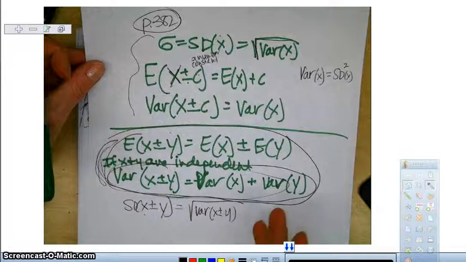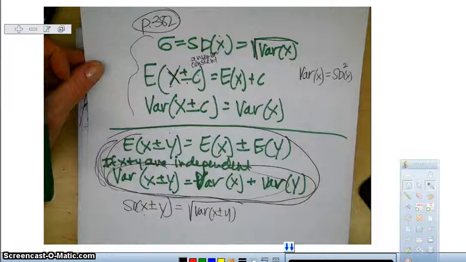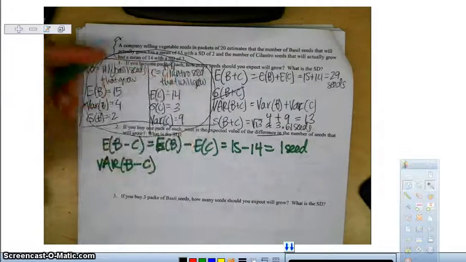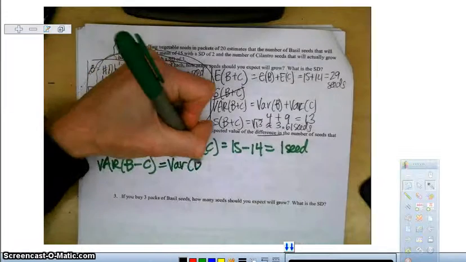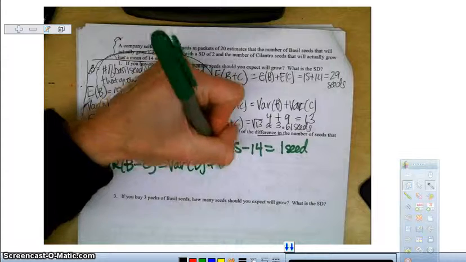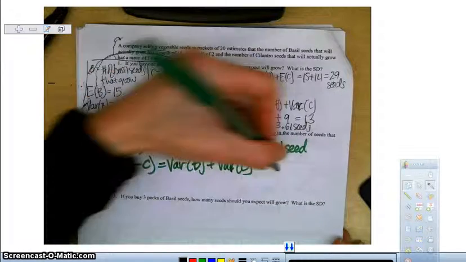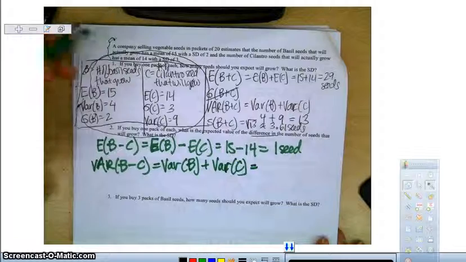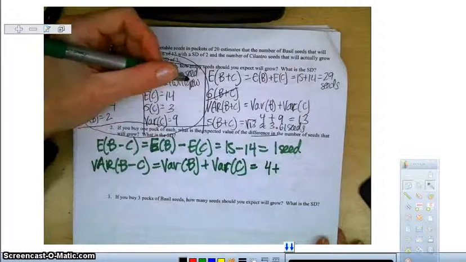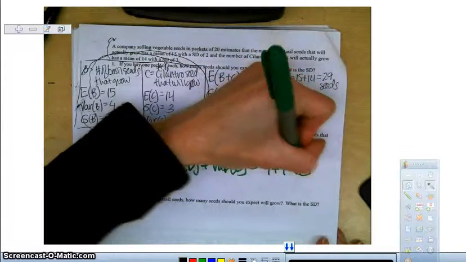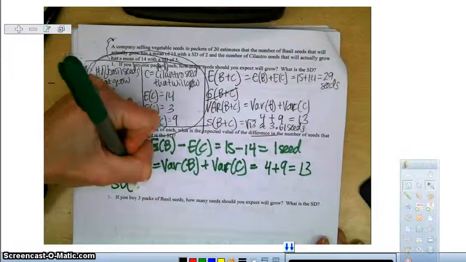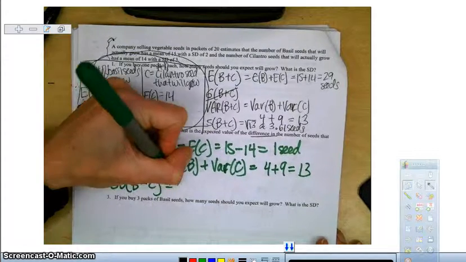The more things you plant, the more chance you have of things not growing. So that would be the variance of basil plus the variance of cilantro. The variance of basil was 4, and the variance of cilantro was 9, so the variance is 13. So the standard deviation of basil minus cilantro is the square root of 13.